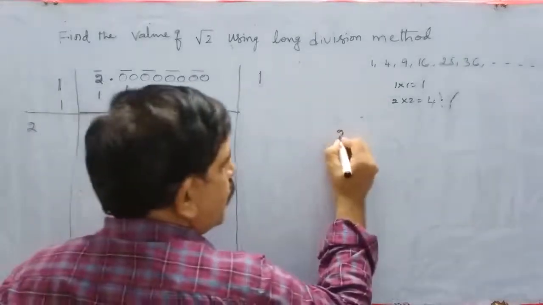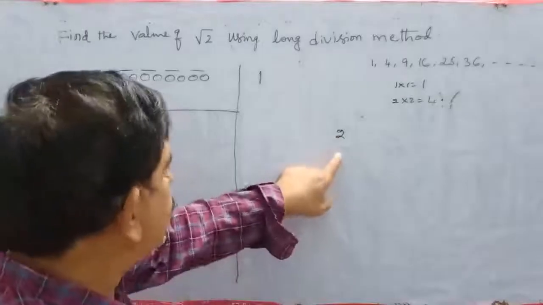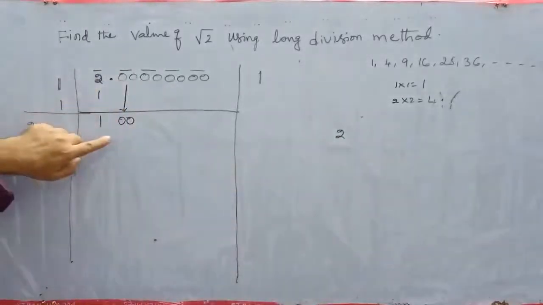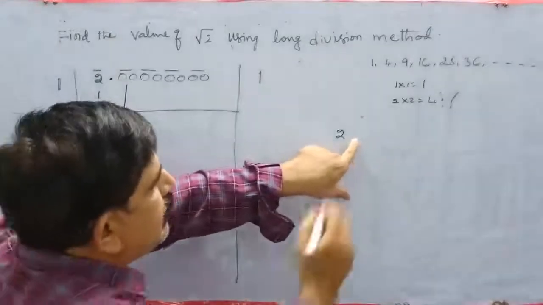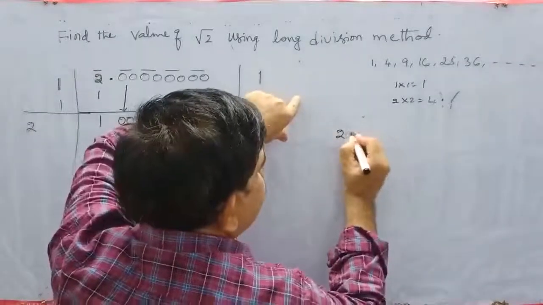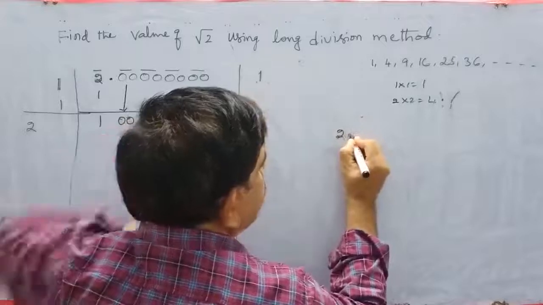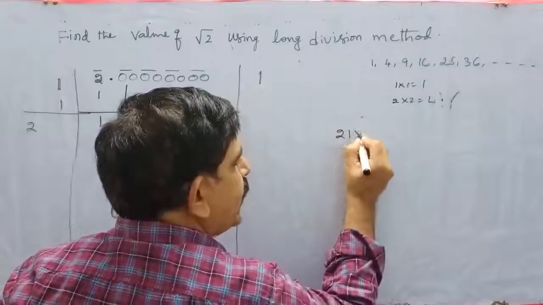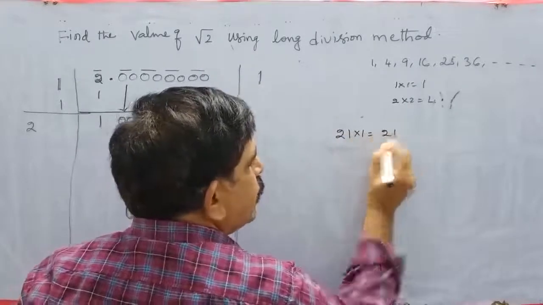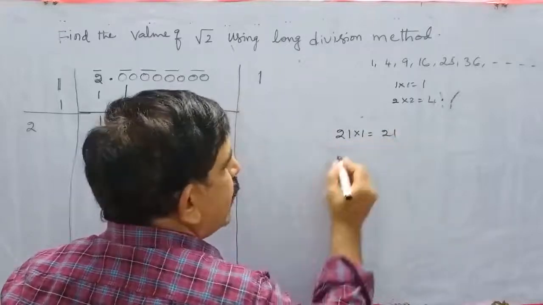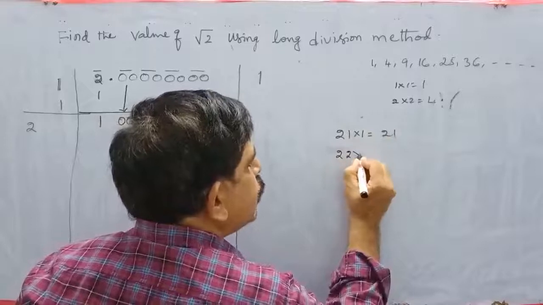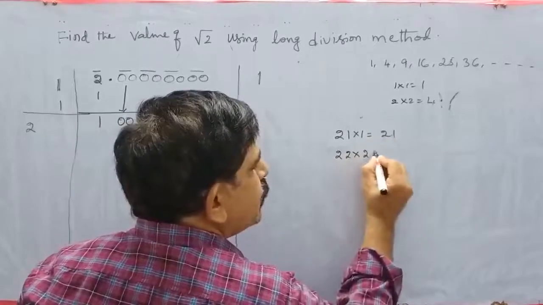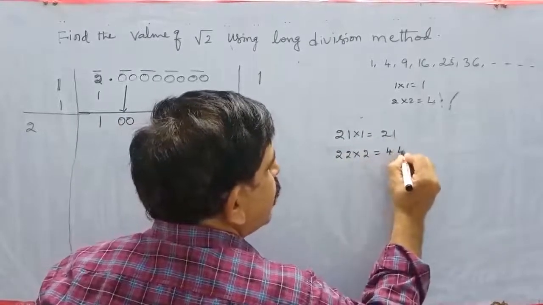You write 2. After this, for 100, we have to see the number of times, you take the same number which is multiplied by itself. Suppose 1 into 1, so that is 21 into 1, 21. Next 22 into 2, so that is 44.